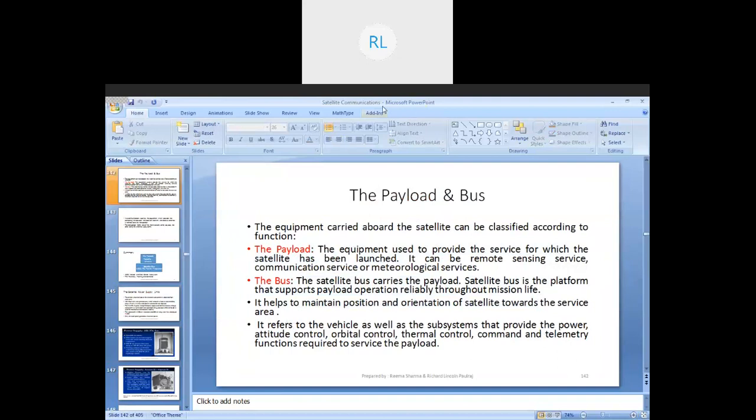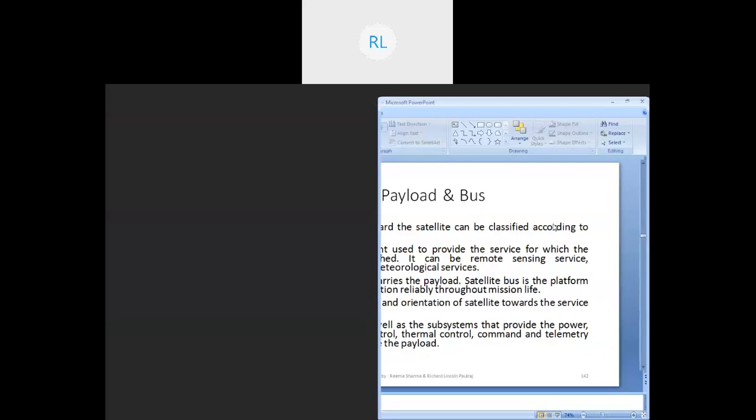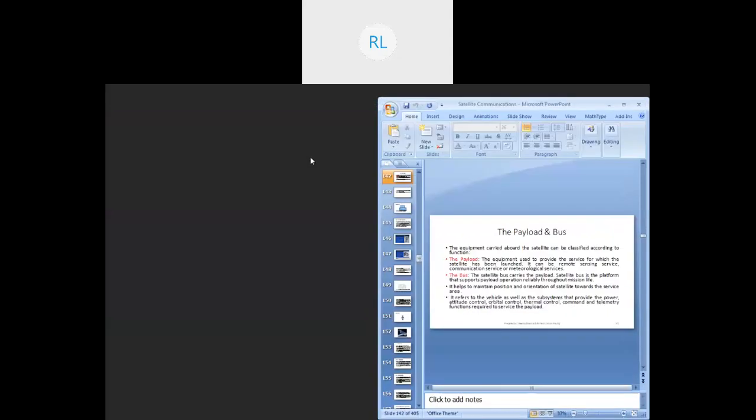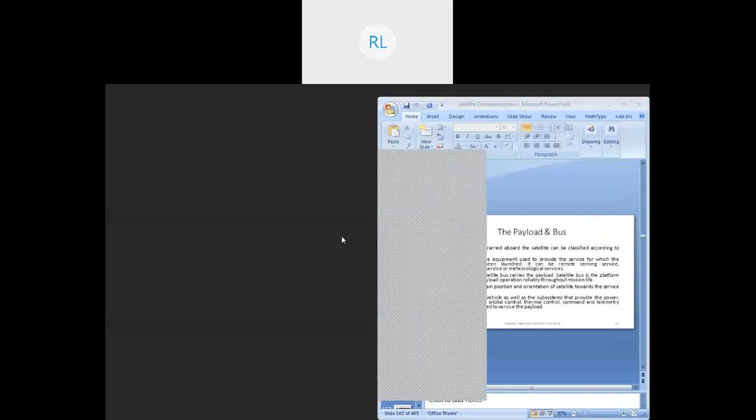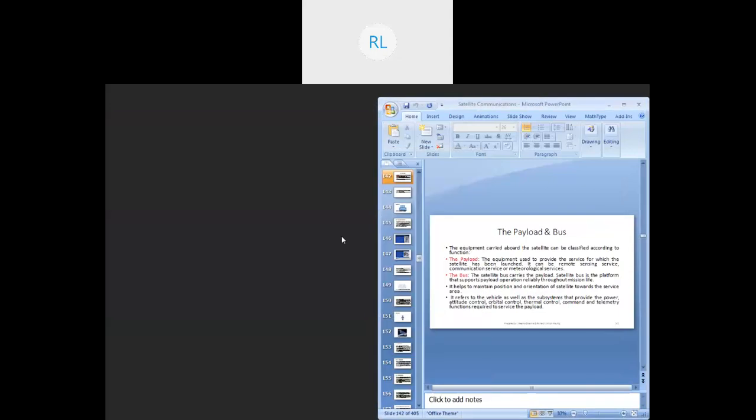It helps to maintain position and orientation of the satellite towards the service area. When we employ satellites, we also decide which region needs to be covered. So we get an exact idea as to which country it is covering. All that should be kept in mind, without which it becomes difficult.